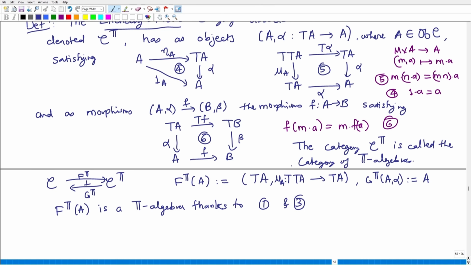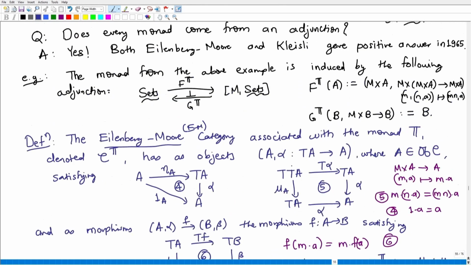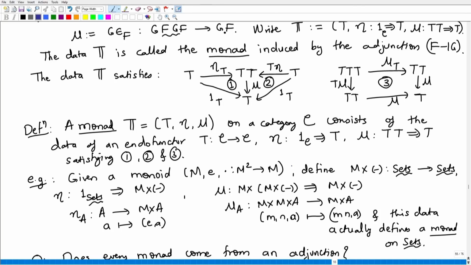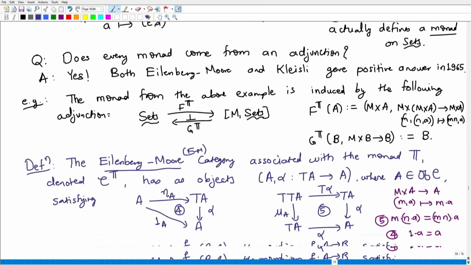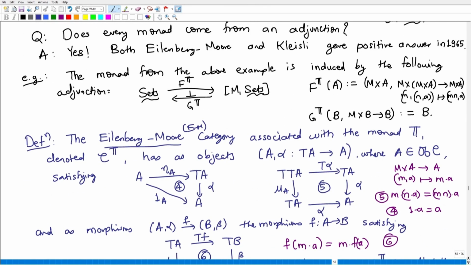And vertically we are going to take mu A, and horizontally we are going to take eta sub T, which is precisely diagram 1. And similarly, look at diagram 3. Yeah, diagram 3 is exactly what we need for diagram 5. Yeah, we are just replacing A by TA. So all the things are happening internally, and alpha is mu.